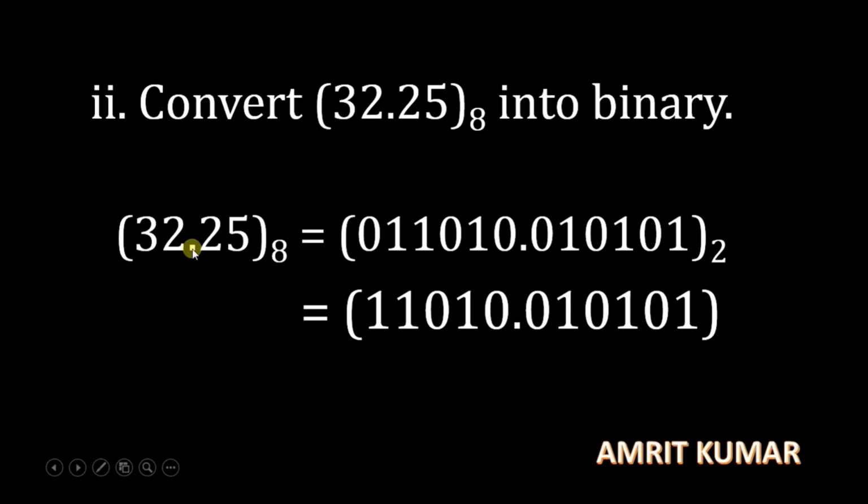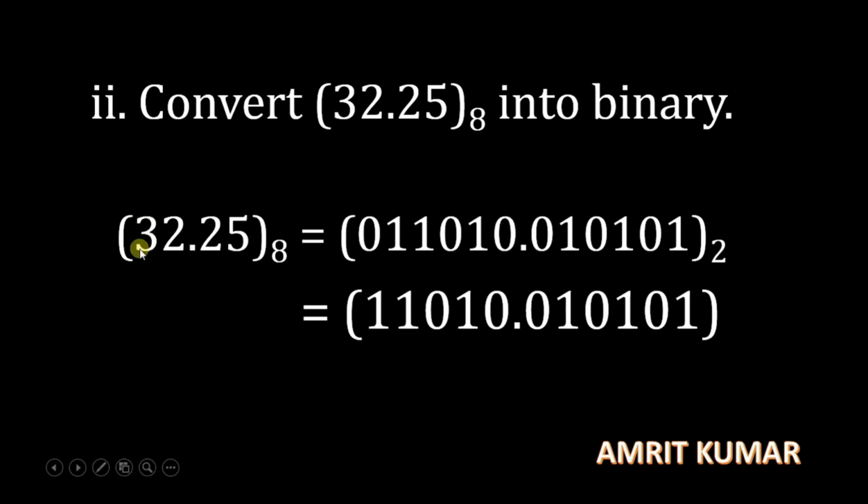Here you are seeing that the right of the decimal point consists of 2 digits, that is 32. 2 is a digit, 3 is also a digit. What we have learned in octal to binary conversion is that we can represent a digit of an octal by 3 bits. Therefore I am using 3 bits here for representing this 2.